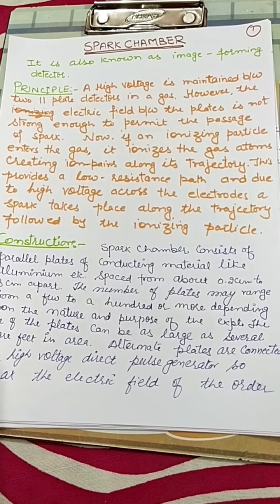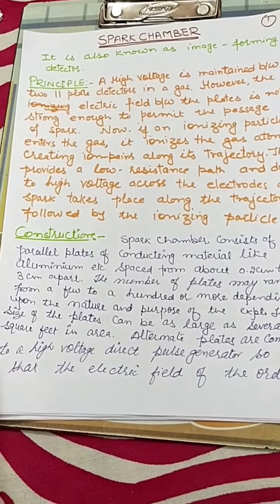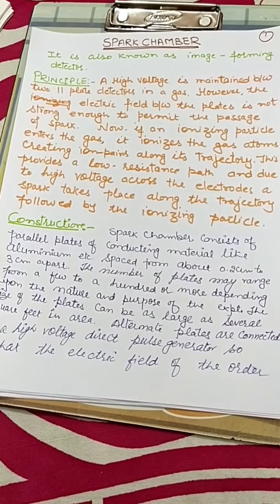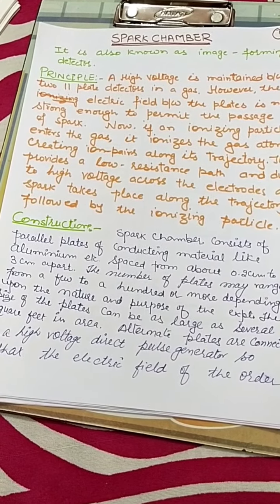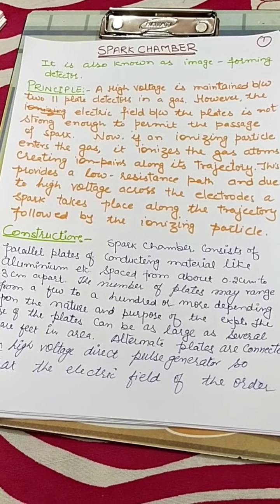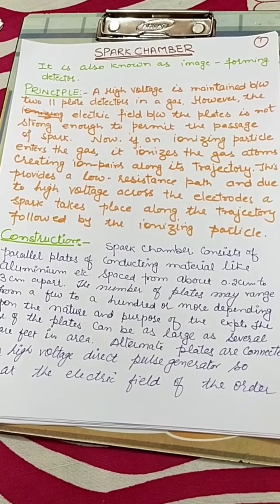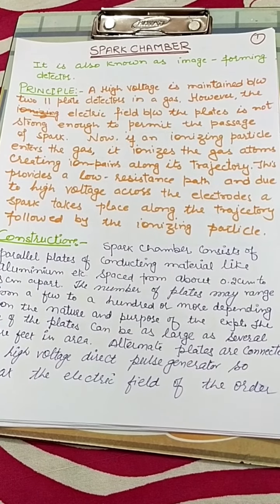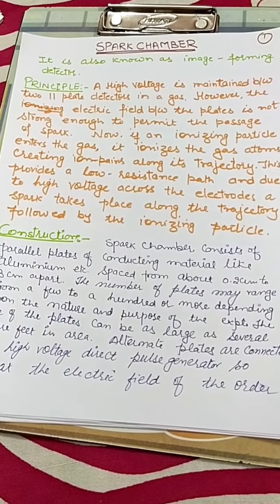Now, if an ionizing particle enters the gas, it ionizes the gas atoms, creating ion pairs along its trajectory. This provides a low resistance path, and due to the high voltage across the electrodes, a spark takes place along the trajectory followed by the ionizing particle.